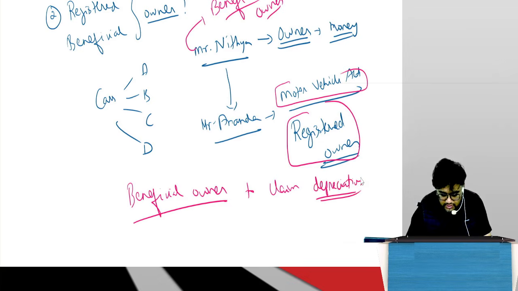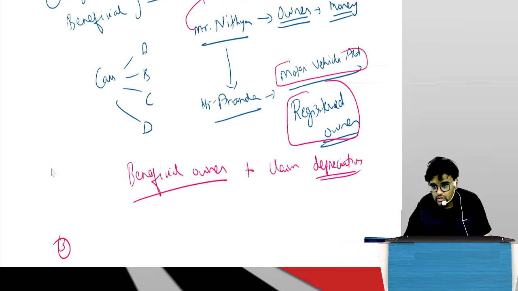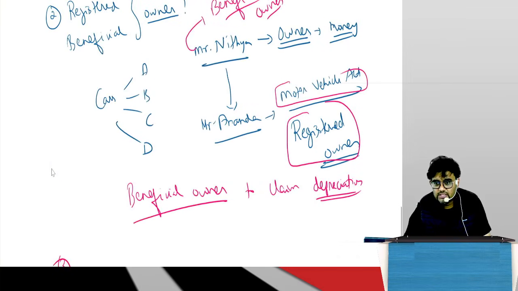Always beneficial owner. Third case, understood guys? So in all these cases, Mr. Nitya is just a beneficial owner, but he is the main owner as per the Income Tax Act.